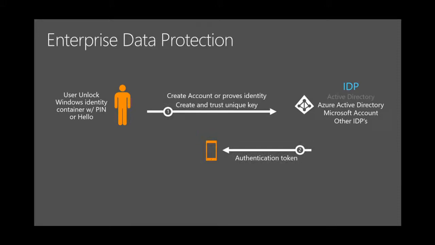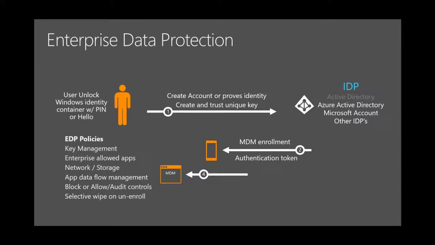So when this key pair is generated and an authentication code is generated, there are a number of policies that the MDM system sets, and here's where you're required to connect this identity provider with an MDM system to set policies on the device, right? The MDM system will generate the keys, because in this case, the keys need to be shared. The keys need to leave the device.